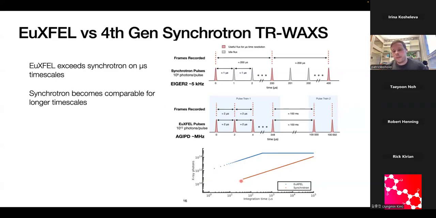On the bottom, there's this plot where we compare integration time versus the number of available X-ray photons, and you see at microsecond time scales, the XFEL increases and then plateaus because of this bunch pulse structure at 10 hertz, whereas the synchrotron slowly catches up. So on second time scales, the number of photons is roughly equivalent between the two light sources, but on short time scales, the XFEL is higher.